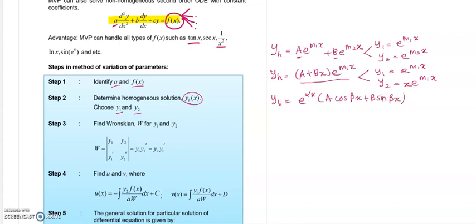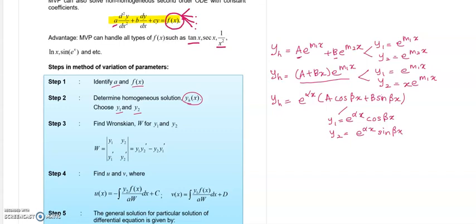In this case, if you expand the bracket and remove the constants, then we have e^(alpha x) cos beta x to be the first term, your y1. And for y2, we have e^(alpha x) sin beta x. That is how you choose y1 and y2. So that is step number 2.